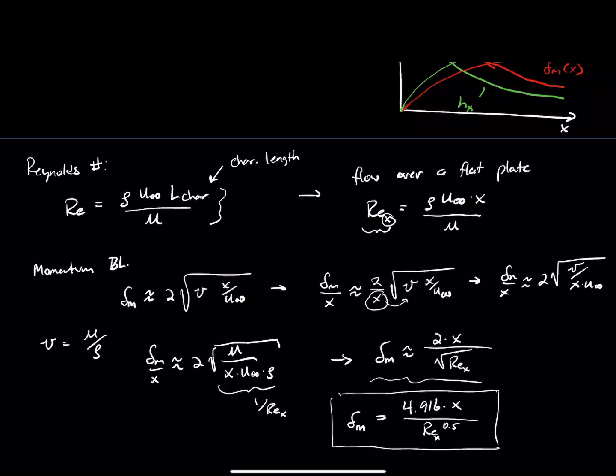This is the more accurate version. And you'll note that the only difference is basically a factor of 4.916 over 2. So with our really conceptual model, we got basically within a factor of 2 to 3 of the boundary layer, which is actually pretty good. But this is how we would estimate the momentum boundary layer.